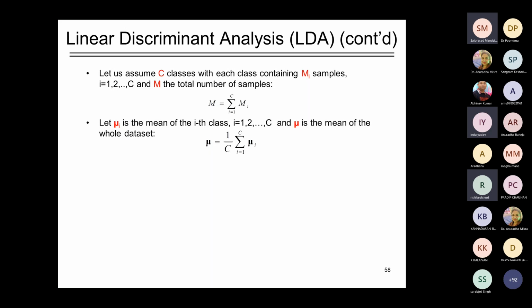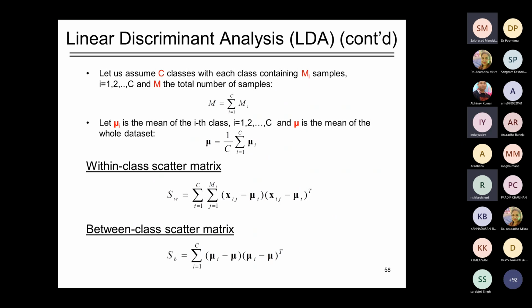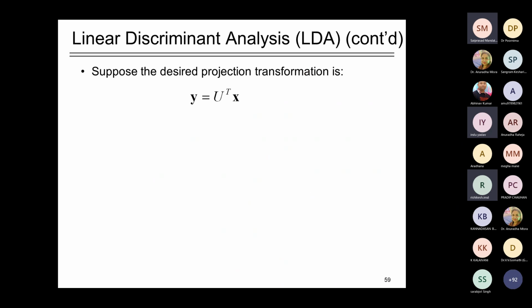So mu equals 1 upon C times summation of mu i, i going from 1 to C. The within class scatter matrix SW will be the summation over i going from 1 to C, j going from 1 to mi, of xij minus mu i times xij minus mu i transpose. The between class scatter matrix is SB equal to the summation over i going from 1 to C. This will be the between class scatter matrix.